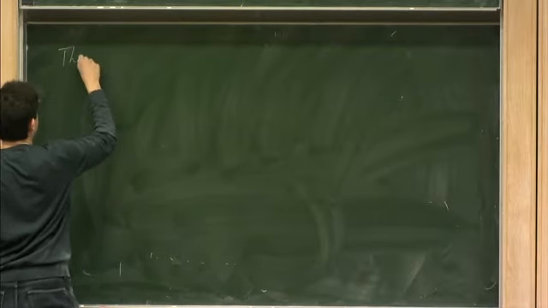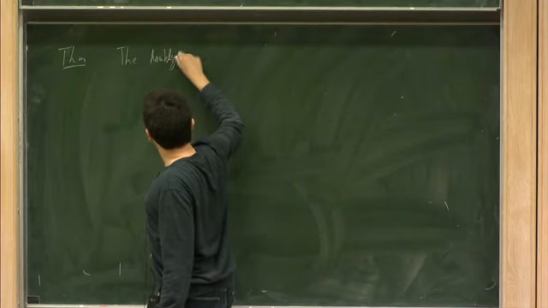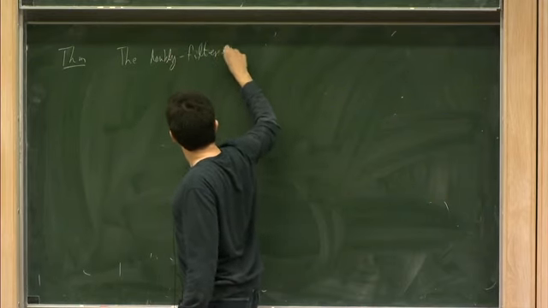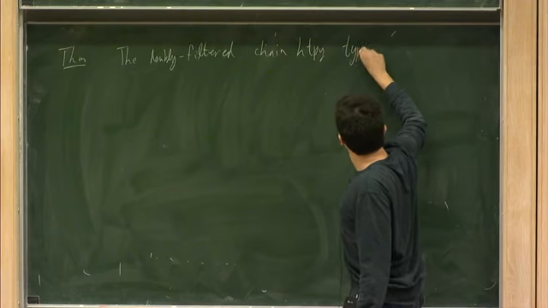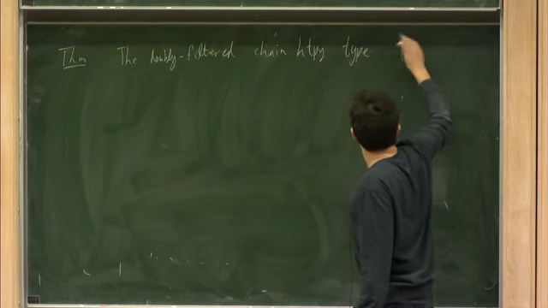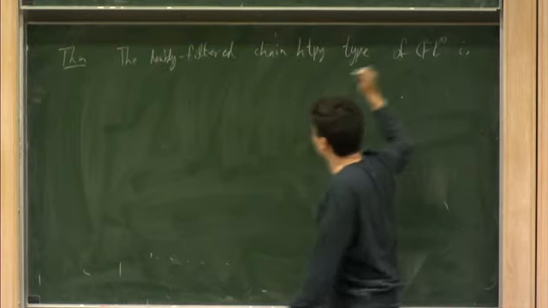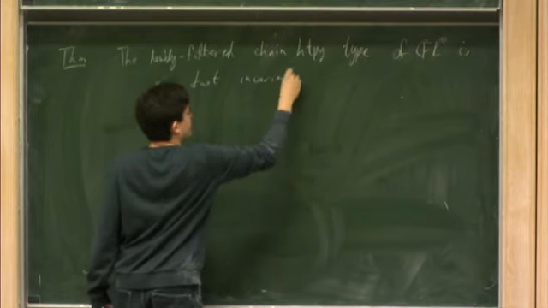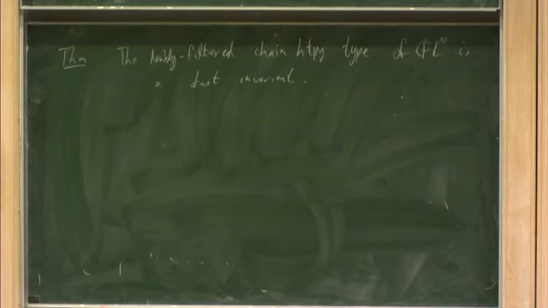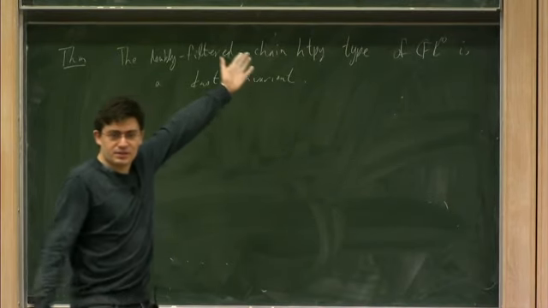So here's the theorem: the doubly filtered chain homotopy type of CFK infinity is a knot invariant. So one can obtain all sorts of information about the knot by looking at this doubly filtered chain homotopy type.